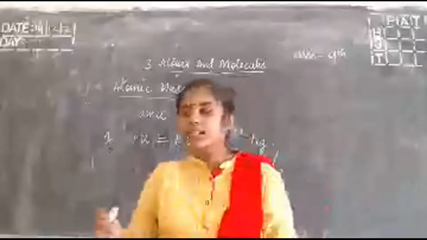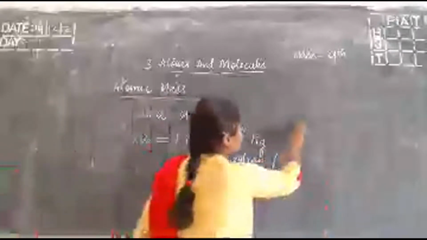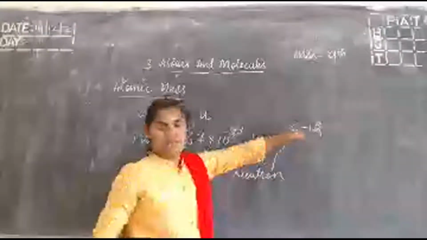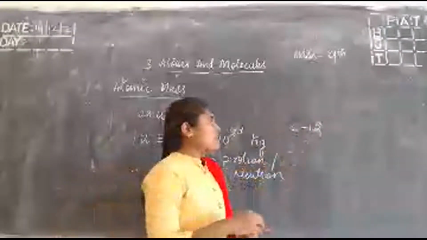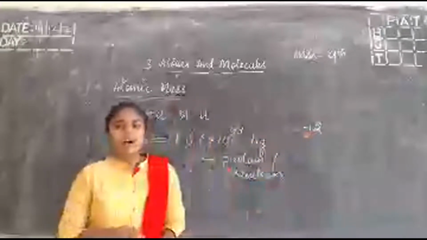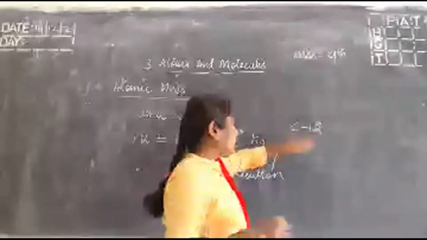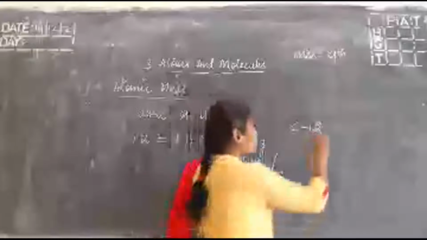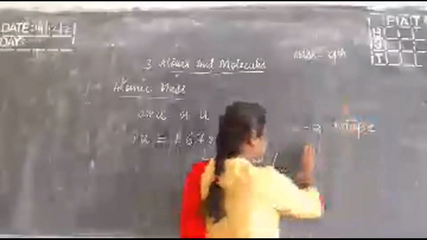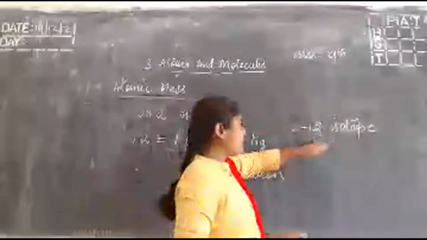Then they got the isotope of carbon, that is carbon 12. Carbon 12 is an isotope of carbon. What is an isotope, you all know? Carbon doesn't exist in only one form; it has different isotopes, or different forms. They kept this carbon 12 isotope as a reference and took measurements, and found the atomic masses of other elements.